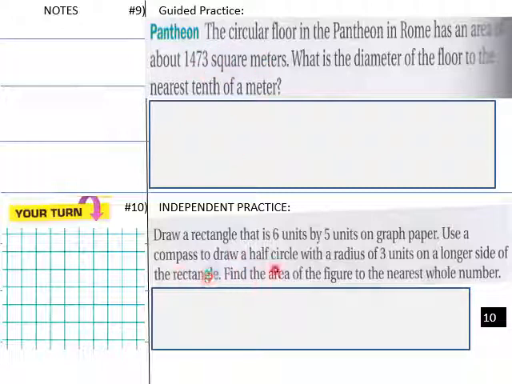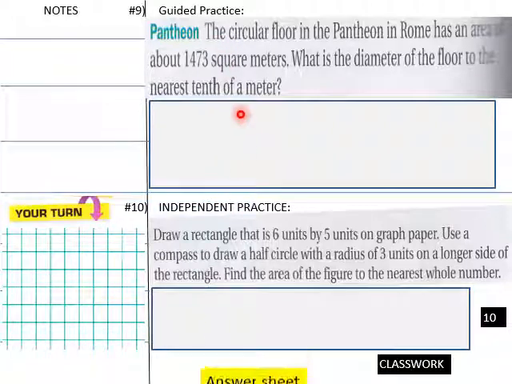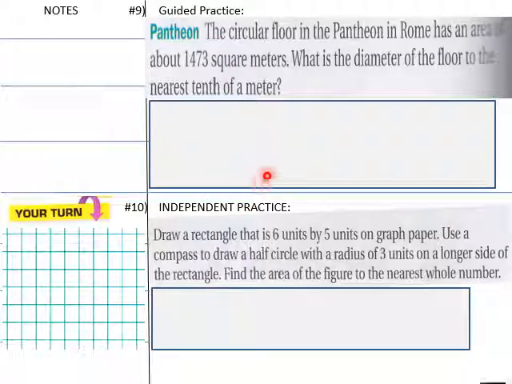And then down here, draw a rectangle 6 by 5 on graphing paper. Here's your graphing paper. Use a compass to draw a half circle with a radius of 3 units on a longer side of the rectangle. Find the area of the figure to the nearest whole number. That's your independent practice. We're going to do this one up here for the Pantheon.